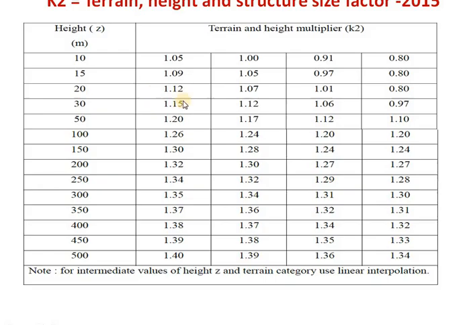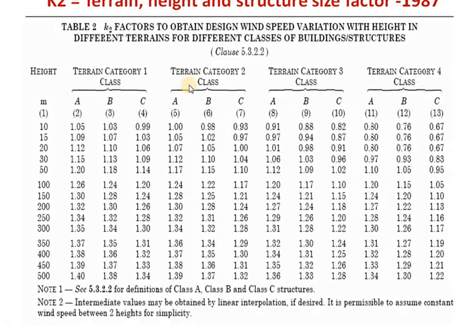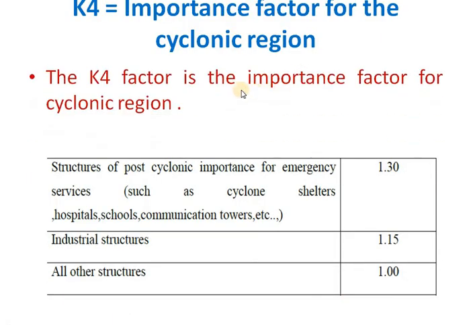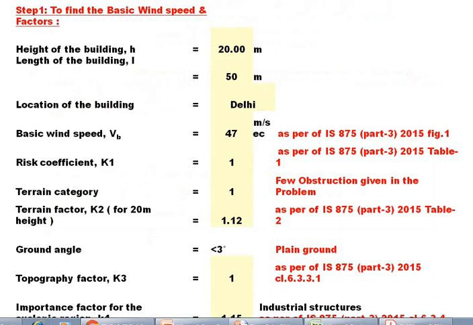And terrain category factor K2, now it is 20 meter high, terrain category 1, it is 1.12. And K3, we'll assume it is in a playing ground, so K3 is 1. And K4, cyclonic factor, our structure is an industrial building, so it will be 1.15. See, K1 is 1, K2 1.12, K3 1 and K4 1.15.